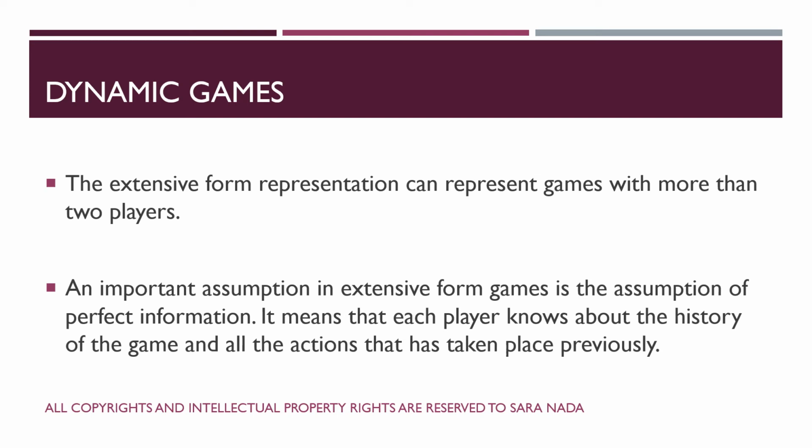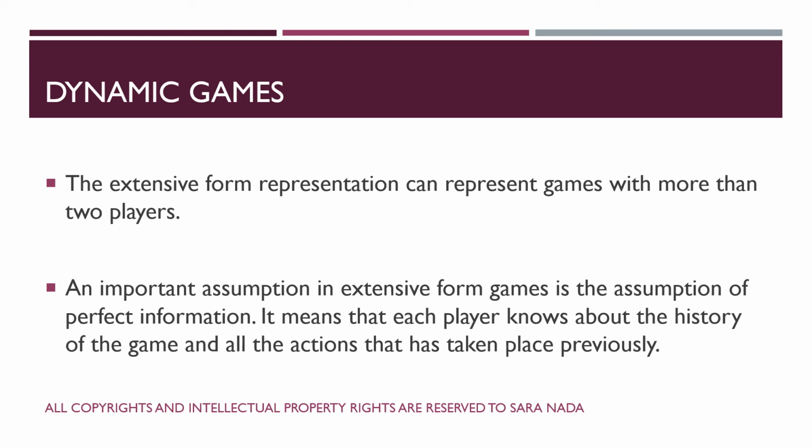An important assumption in the extensive form games is the assumption of perfect information. What does it mean to have perfect information? Perfect information means that each player knows about the history of the game and all the actions that have taken place previously.